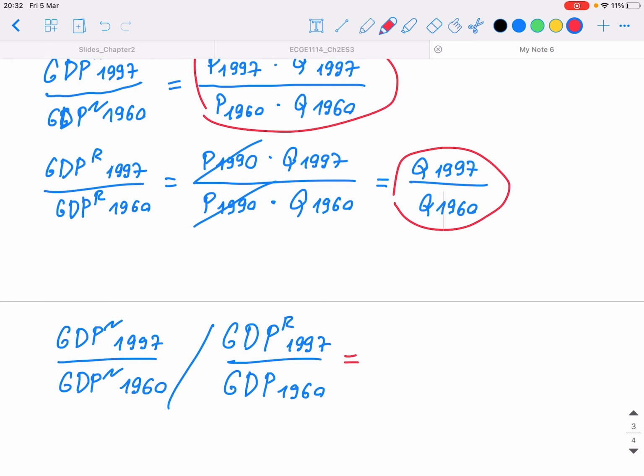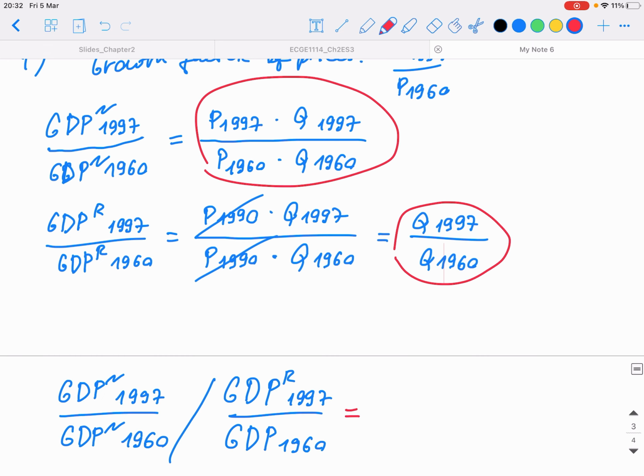When we divide the first one by the second one, it's the same as multiplying the first one by the inverted second one. And once you do it, you see that you can cancel out this one here and this one here.